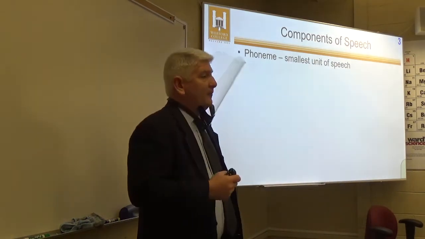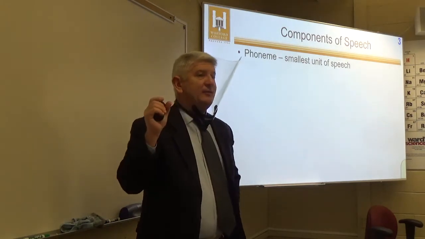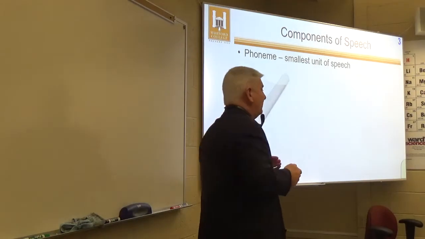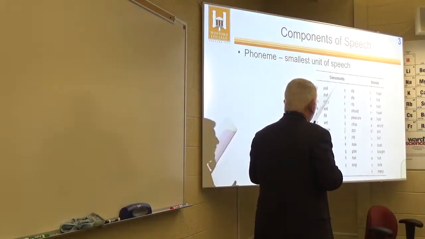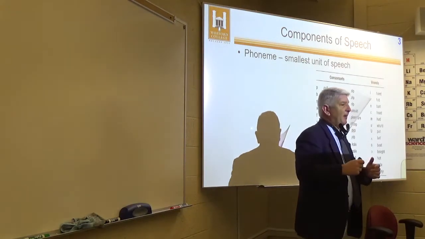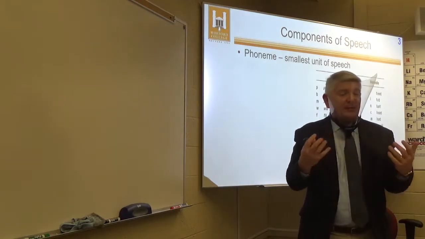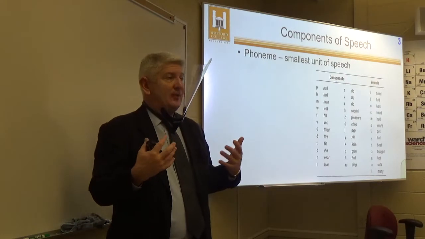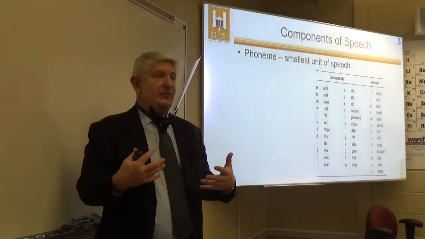So a phoneme is what we call the smallest component of speech. And so when we talk about the alphabet, we talk about letters. When we talk about language, we talk about phonemes, which are sounds.